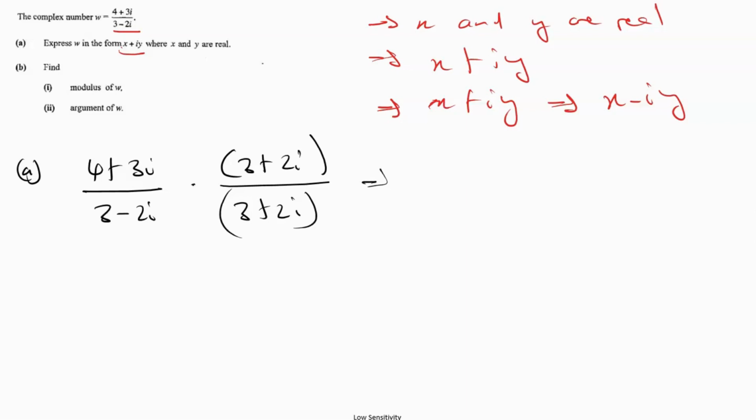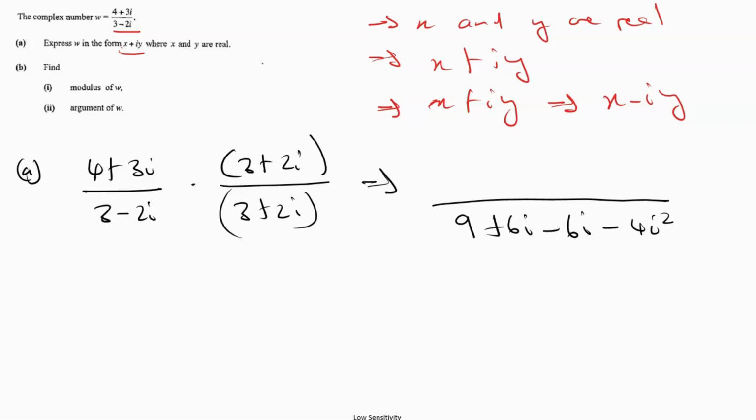So we can expand the denominator here. 3 by 3 is 9, plus 6i, minus 6i, minus 2i times 2i, so this is going to be minus 4i squared.